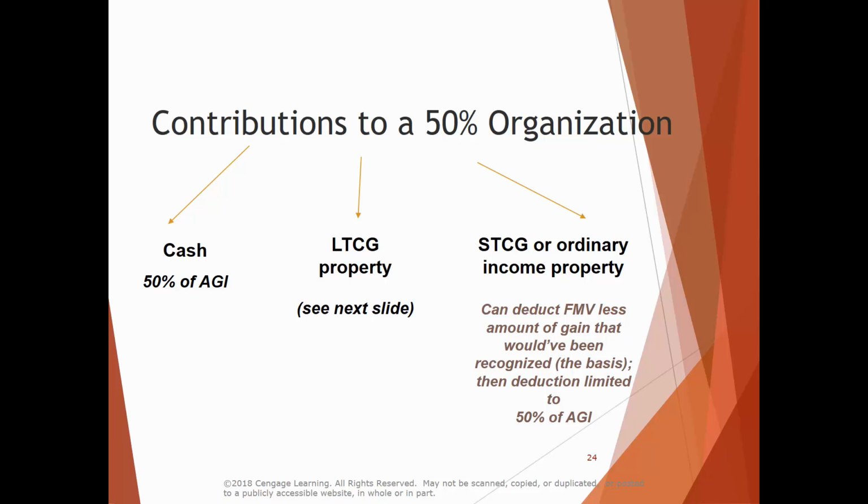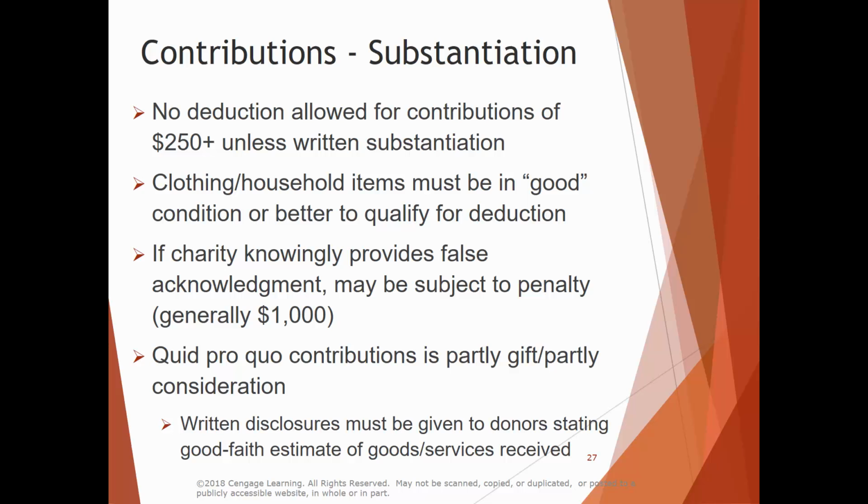Okay, this is more of those limits. I'm not going to go through all of that. Substantiation is a pretty big deal, as you can imagine, like the thing with Goodwill and the $4.99. If you do get some sort of audit, you're really going to have to produce receipts.